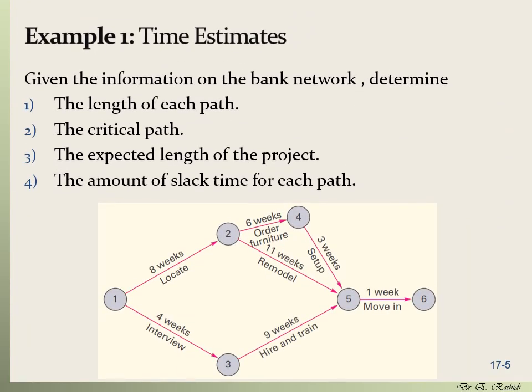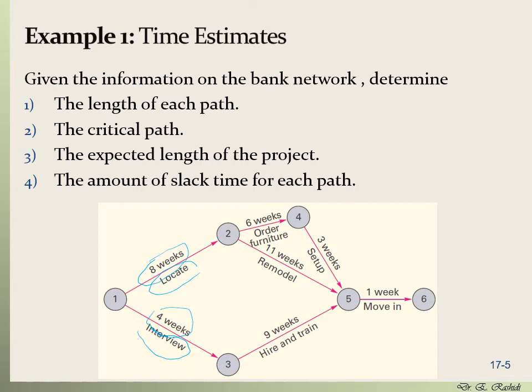Here is an example of a network diagram with time estimates. Here we have an activity on arrows, or AOA, network. As you can see here, we have the activity locate, and it's going to take approximately 8 weeks. We have another activity, interview.